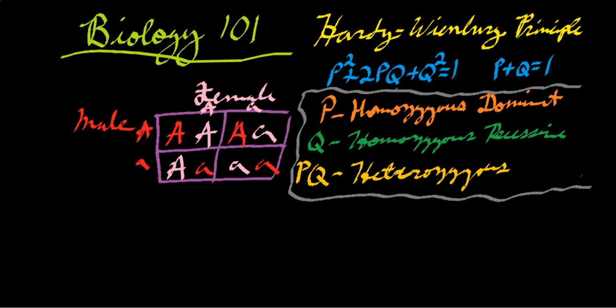Well, easily. P being homozygous dominant, dominant meaning big A, in this case, big A. And here it is, here's one right here. That's all I see left. So that goes right there. Homozygous recessive, meaning small a, small a.